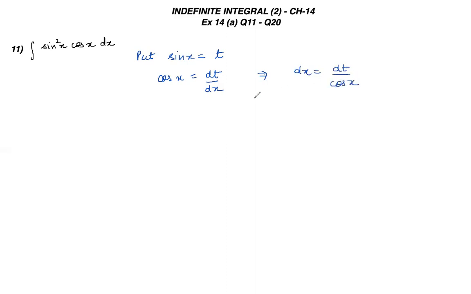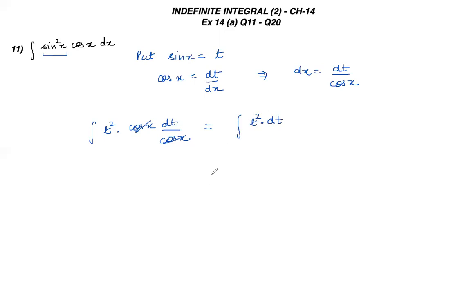Now I'll put the values back in the question. I can put sine square x as t square, cos x I'll put as it is, and dx I'll put as dt upon cos x. So I'll get t square into dt.